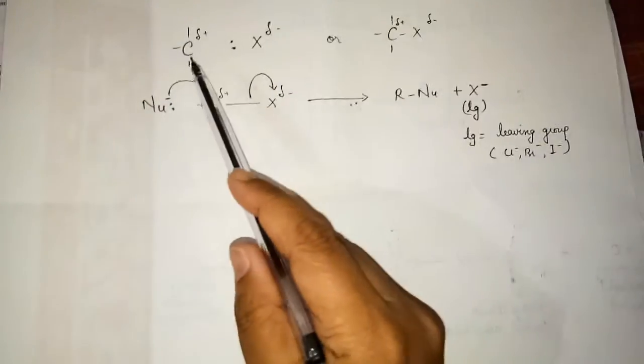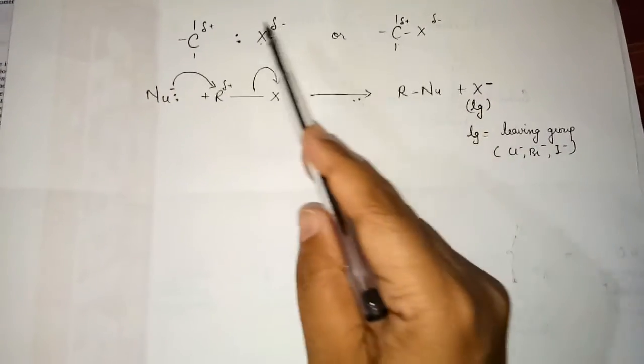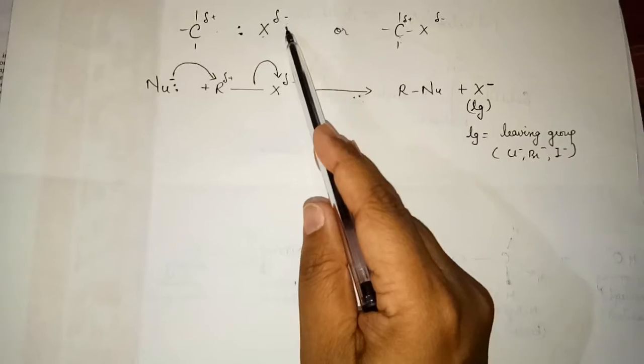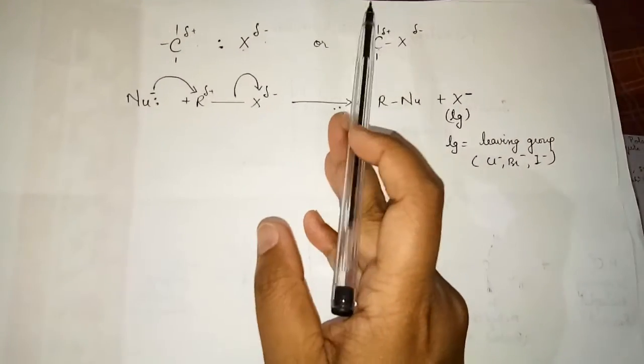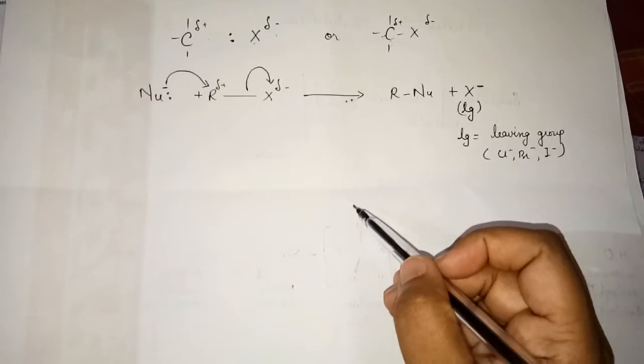You can see this is carbon halogen bond. There is a partial positive as well as a partial negative charge on carbon and halogen respectively.